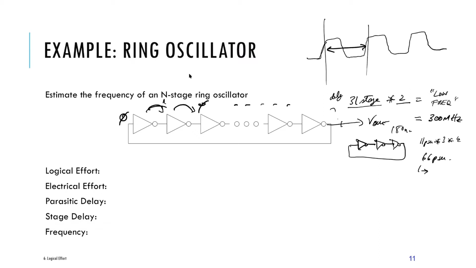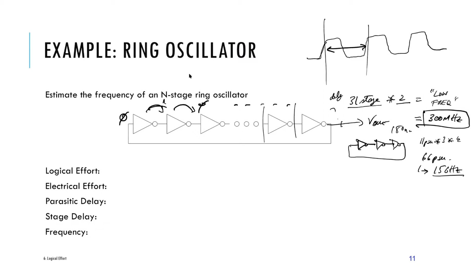Okay, my calculator is telling me this would be 15 gigahertz. That's hard to measure, a hard thing to deal with in the lab. So if you have a 31 stage oscillator, you end up with a number that's easy to measure, and you can get an idea of the delay per stage of your process.